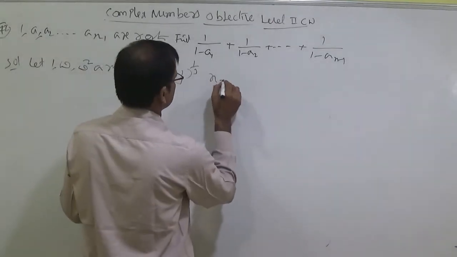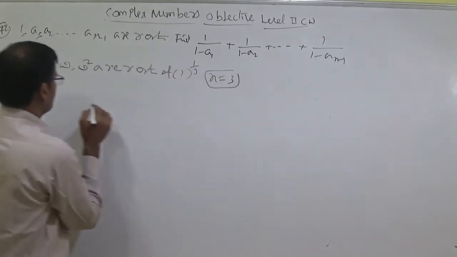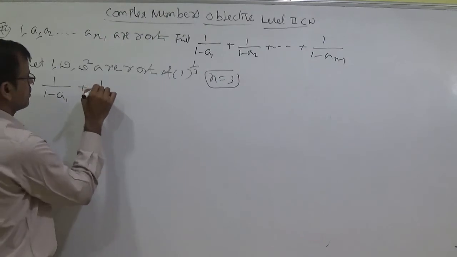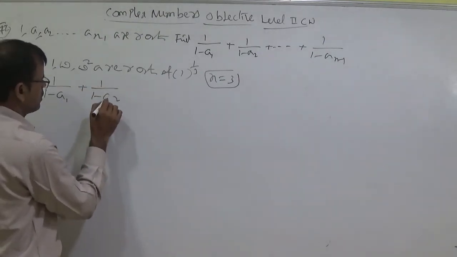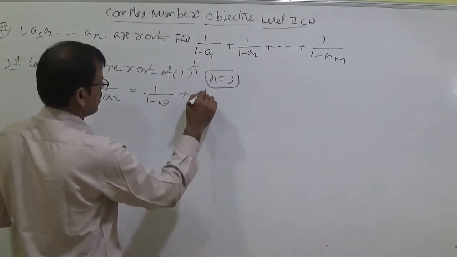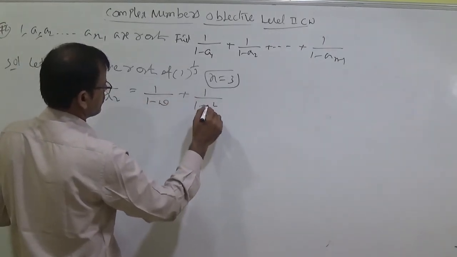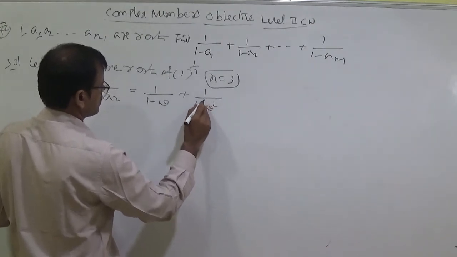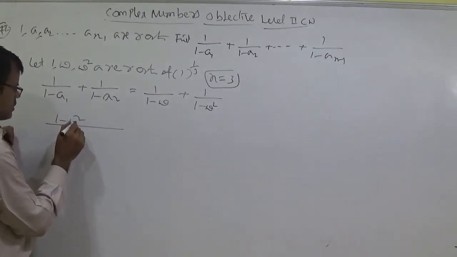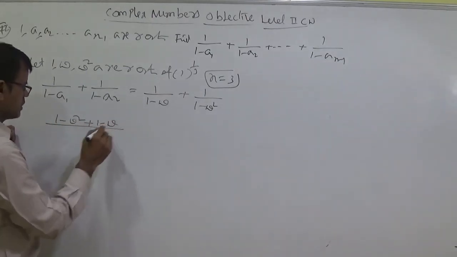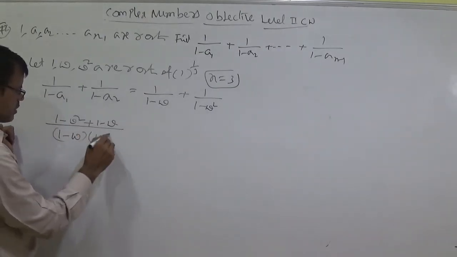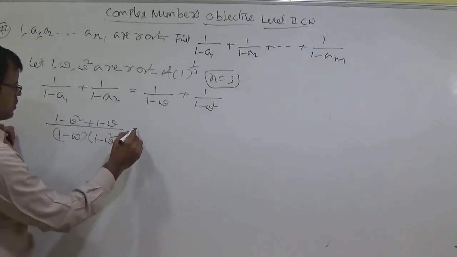Here 1 by 1 minus a1 plus 1 by 1 minus a2 can be written as 1 by 1 minus omega plus 1 by 1 minus omega square. Take LCM and write here 1 minus omega square plus 1 minus omega, divided by 1 minus omega into 1 minus omega square.